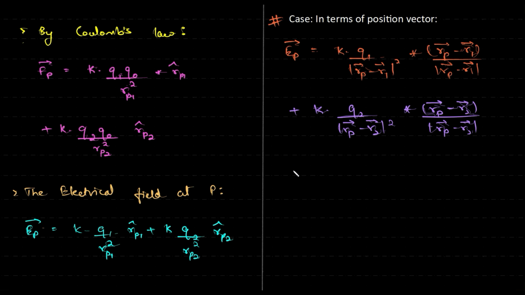To find the unit vector, we'll take the vector and divide by its magnitude, right? And that's what we have done over here. Agree, guys? That's only for your understanding. This you need not write in your exam.